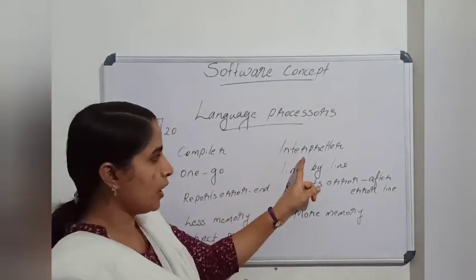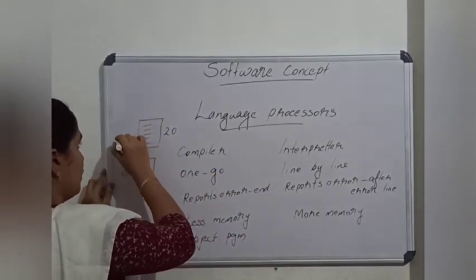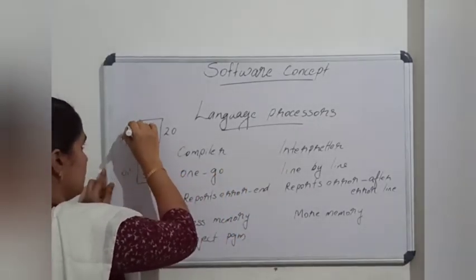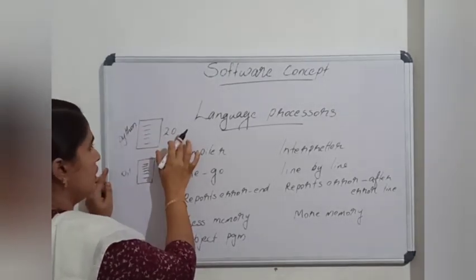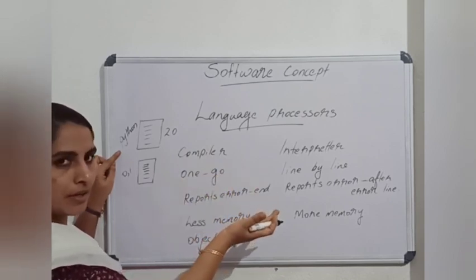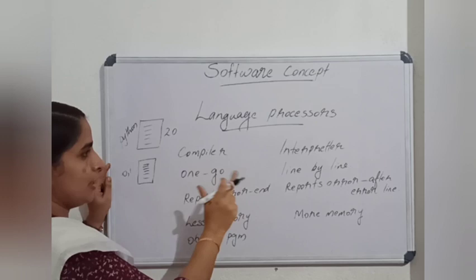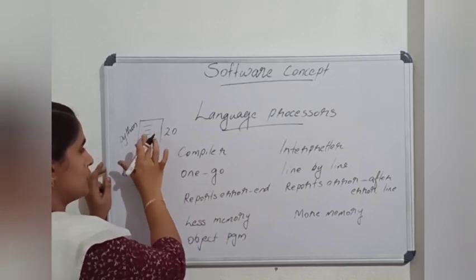But in the case of an interpreter, if I write the same 20-line program in Python, first my program and the interpreter both will be loaded in computer memory, and at the time of execution, the interpreter is doing line by line compilation.